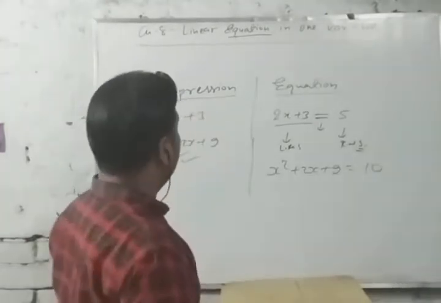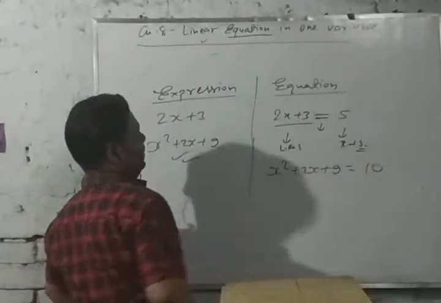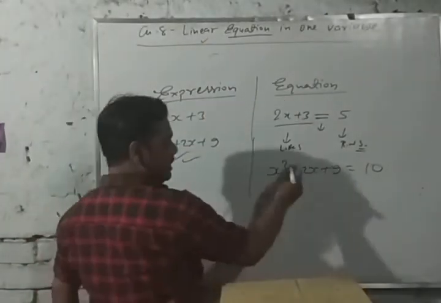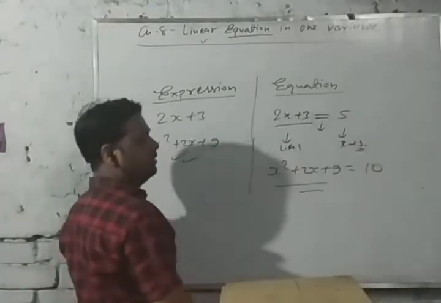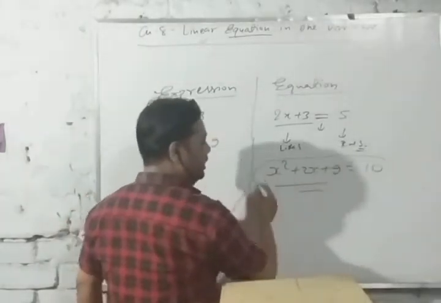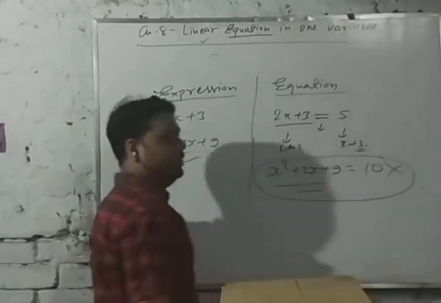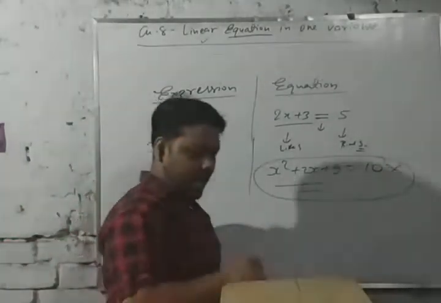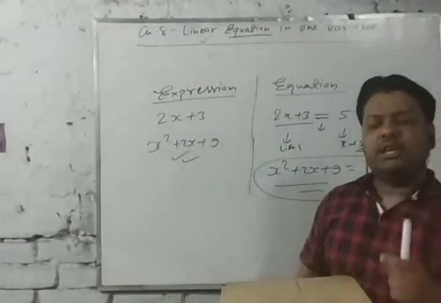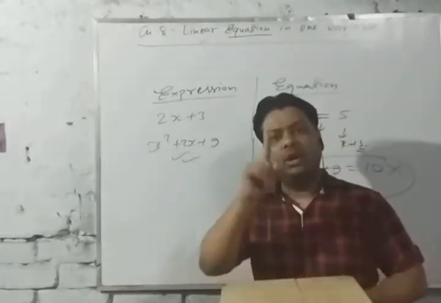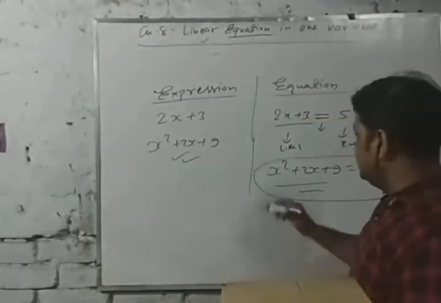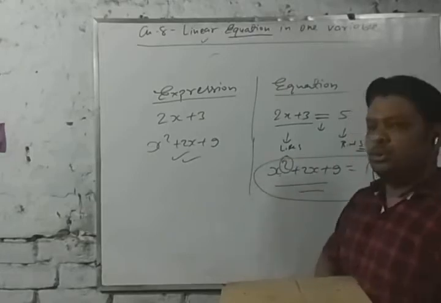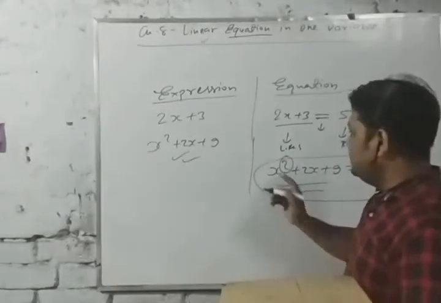Now the next word is linear. Is this a linear equation or not? No, it is not a linear equation, because linear means the expression has the highest exponent 1 only. Here you can see the highest exponent is 2. So it is not a linear equation.